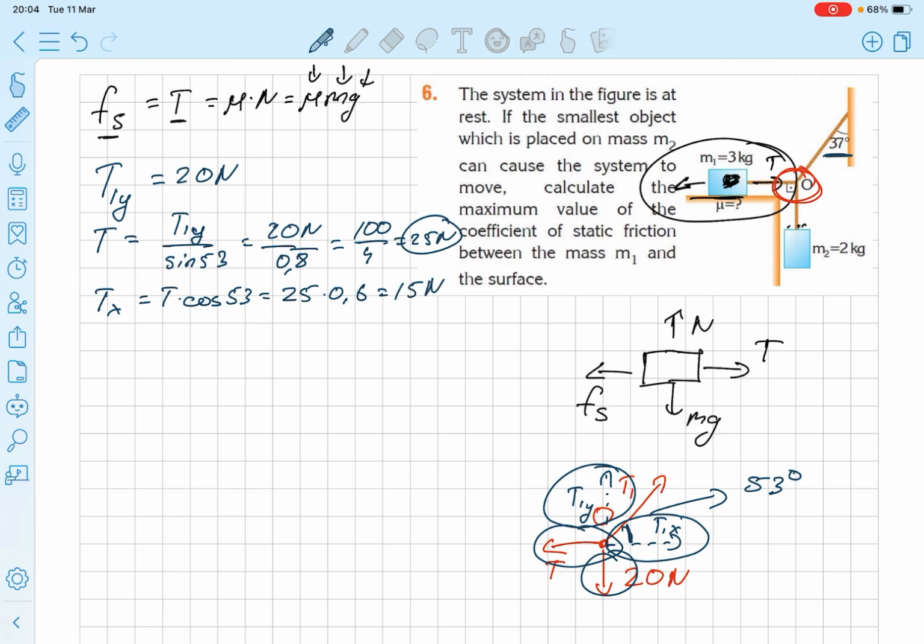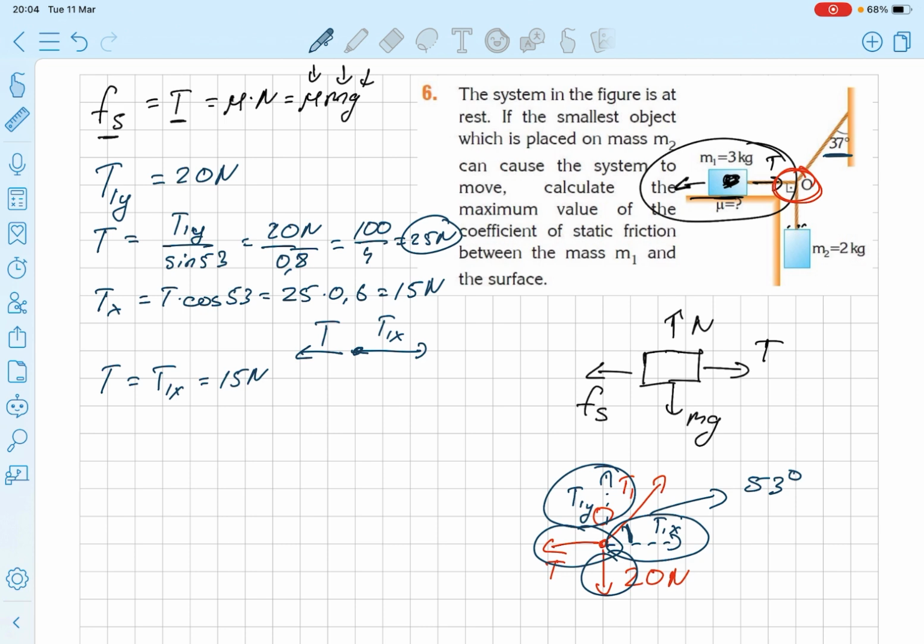So now we know two components here. I mean, we know tension 1 by x. We know that it is pulled backwards by the tension T. That means their values are the same. So tension T is equal to tension 1 by x, which is equal to 15 newtons.